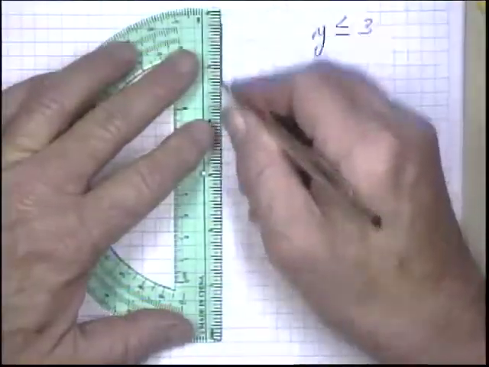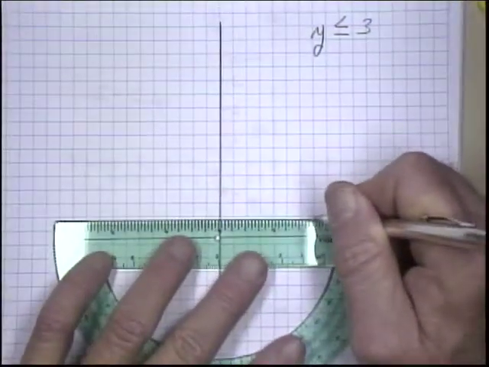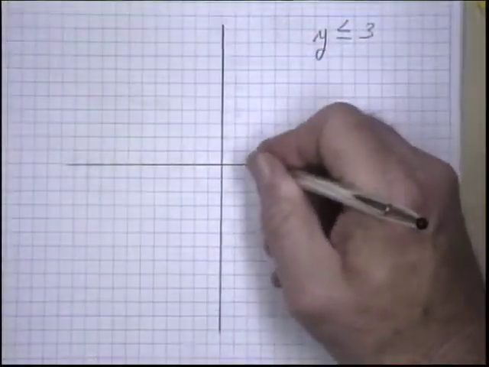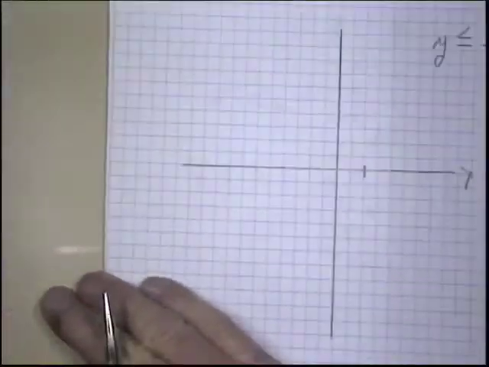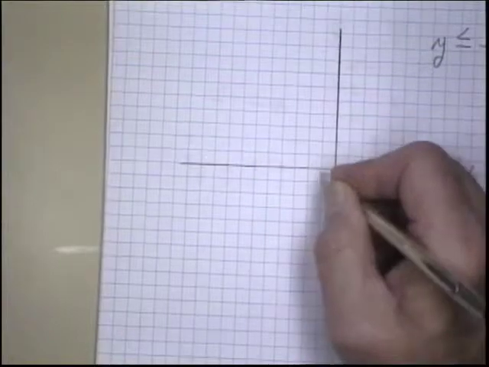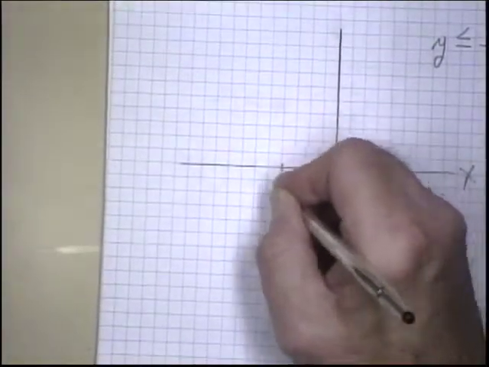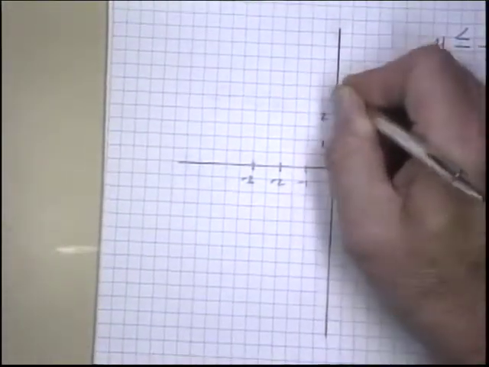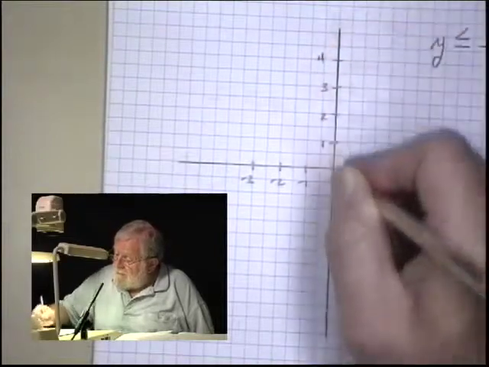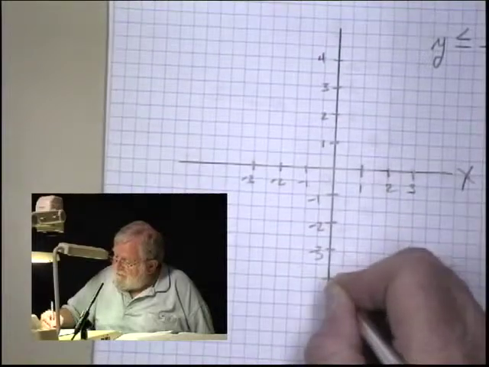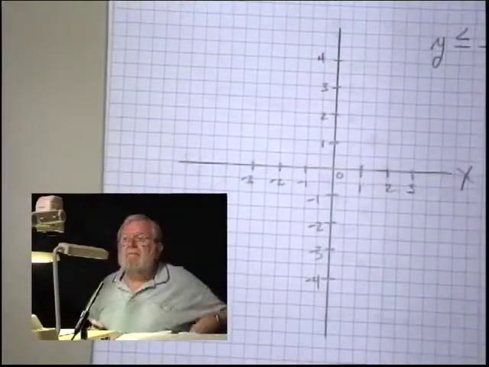So we'll do our coordinates again. I'll do this real quickly here. Here's our x-axis. 1, 2, 3, minus 1, minus 2, minus 3, and here's our 0.